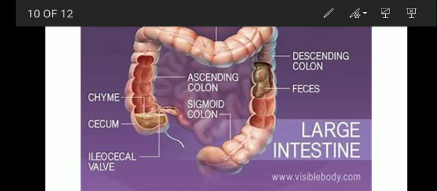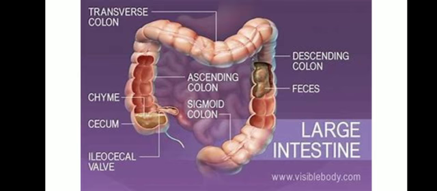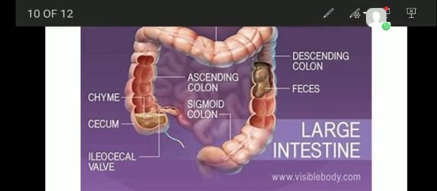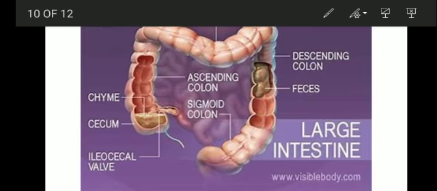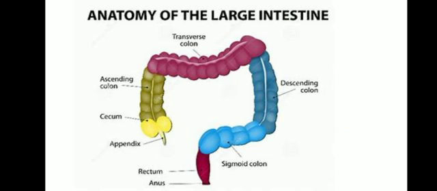And then the colon. You see the colon is divided into three parts: ascending colon, transverse colon and descending colon. Here minerals, vitamins and water are collected. And the final part we call the rectum.